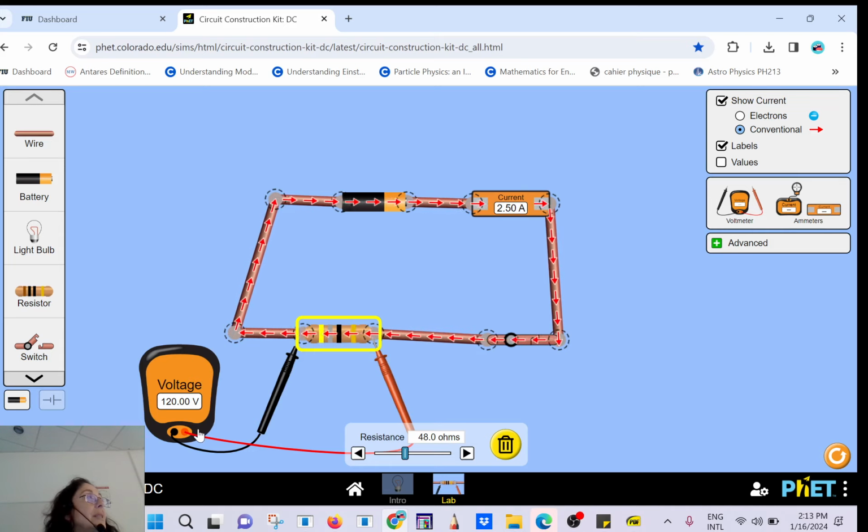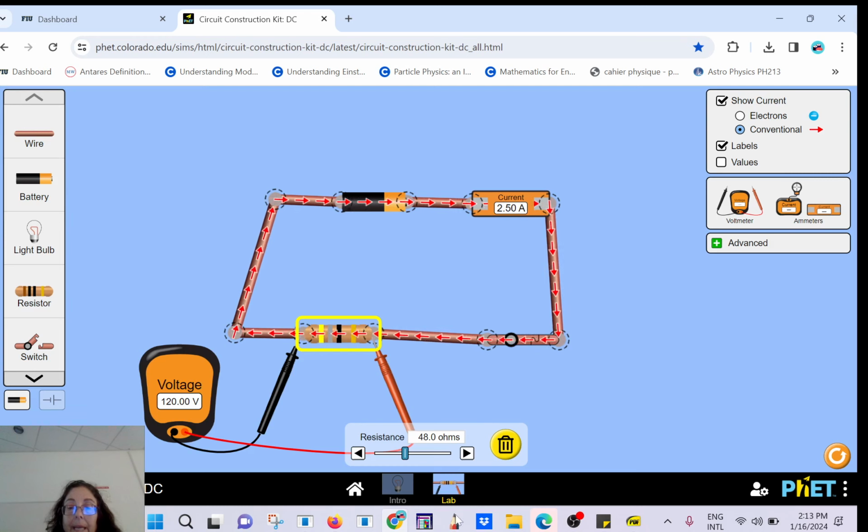The voltage didn't change because I didn't change the power supply, still 120 volt is available. What's the current? 2.5. Can you take your calculator and do 2.5 times 48? 120. So that's what we call Ohm's law.